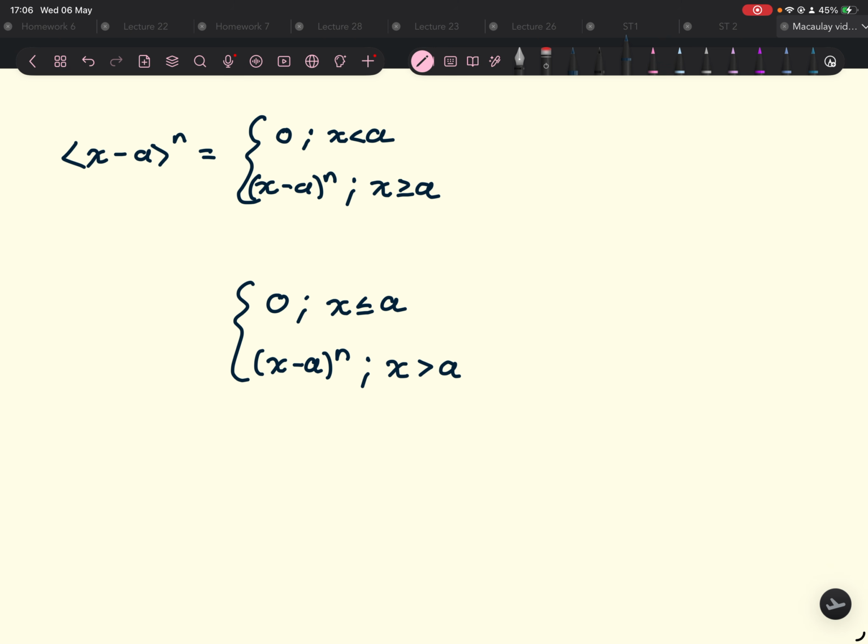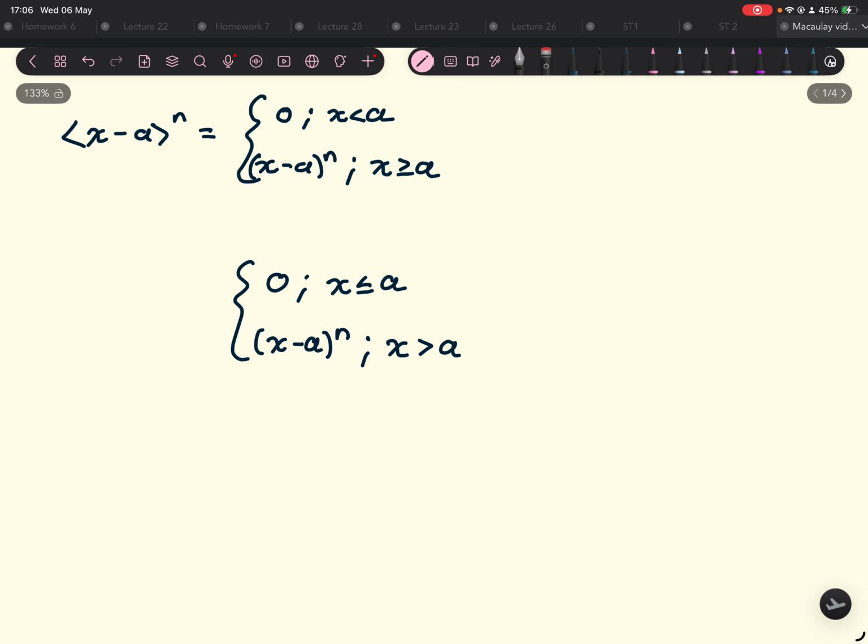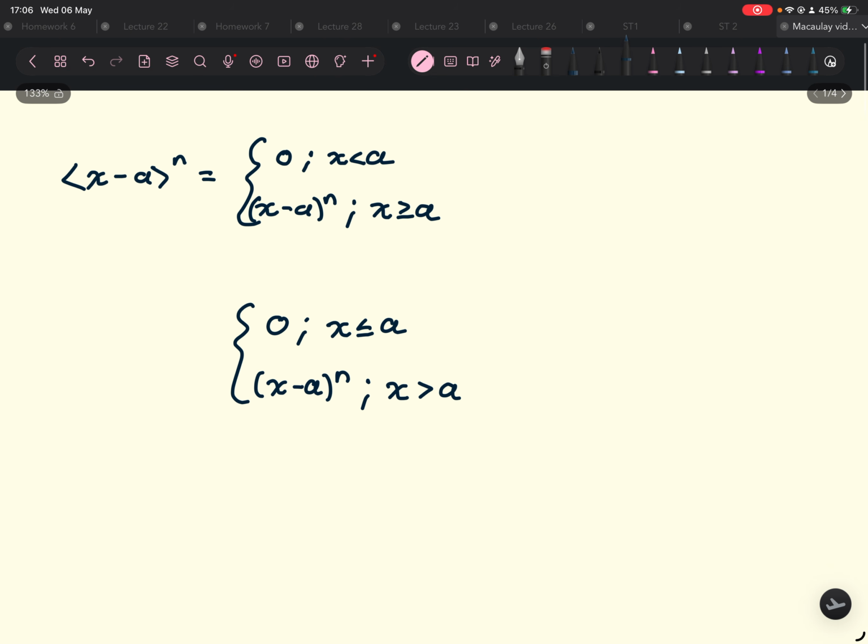It's going to give you the same answer, because if you substitute x equal to a over here, you're going to get 0 anyway. The one thing you do need to understand is that this basically has the function turned off when x is less than a, and the function turns on when x is greater than a.